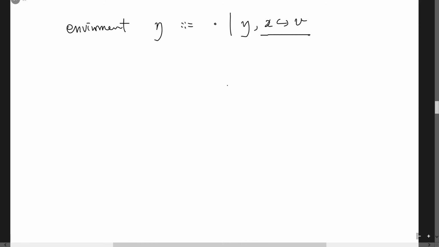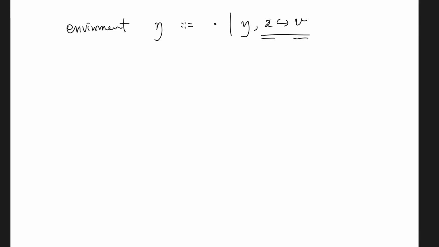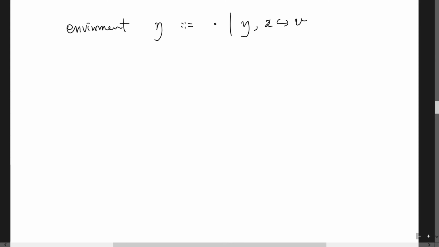So this mapping means that the variable x is supposed to be replaced with value v. We just didn't perform the substitution when we encountered the substitution operation. We just remember the fact that this variable x should be actually replaced with this value v. So that's the definition of environment.